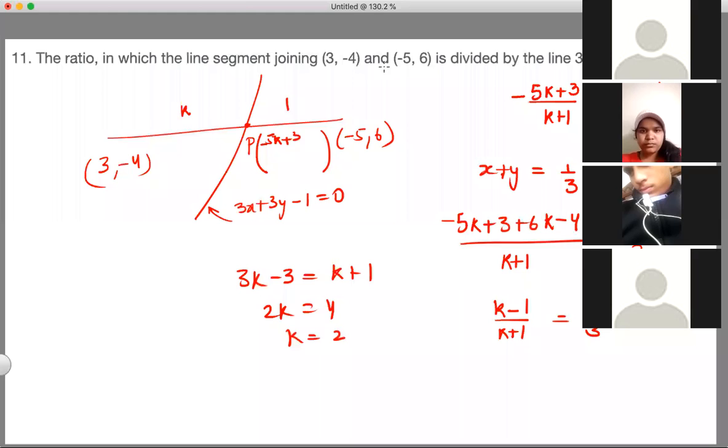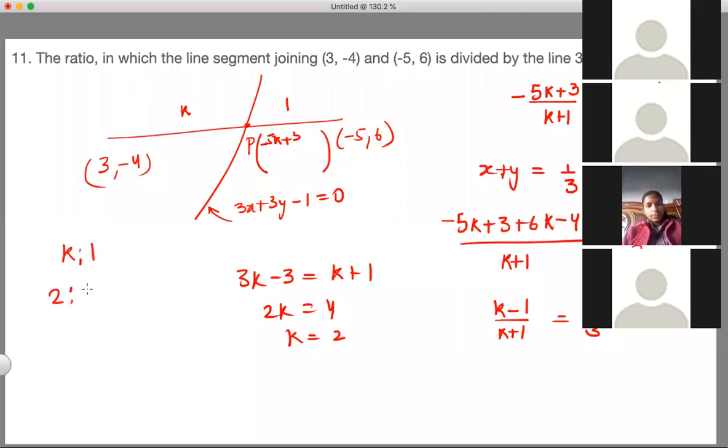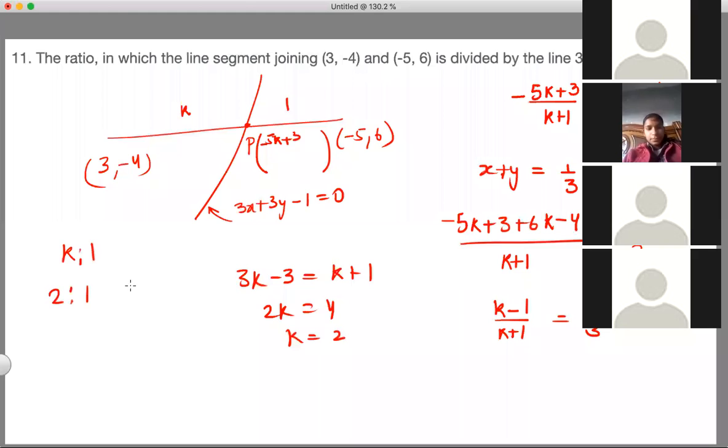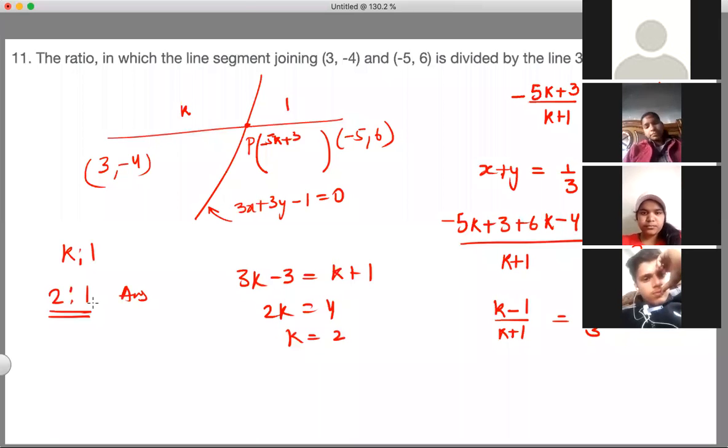Okay, so what ratio does this line divide? K is to 1, yani 2 is to 1. So the answer is 2 is to 1. Okay, ये standard question है, बहुत ही standard question. You should know it on your fingertips how to solve such a question.